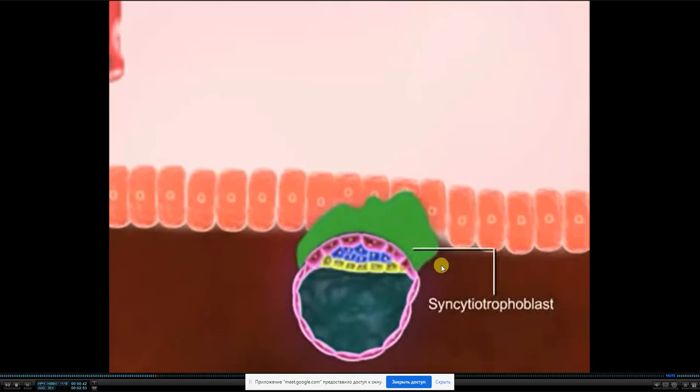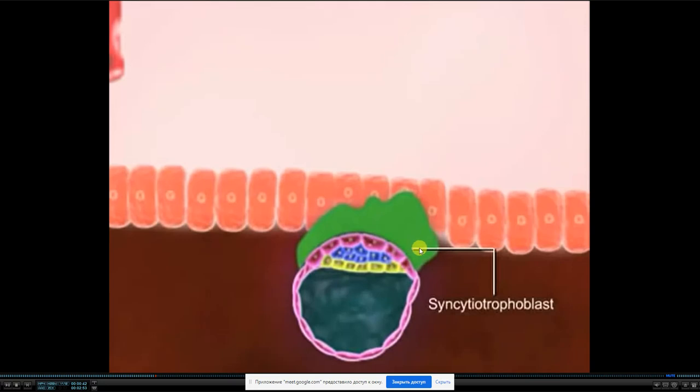What does the word syncytial mean? It means these cells have no cell division between them. For example, let's take a look here. These epithelial cells have borders. Here one cell is distinguished from another cell. The same we see here: one cell is distinguished from another cell by the cell membrane.